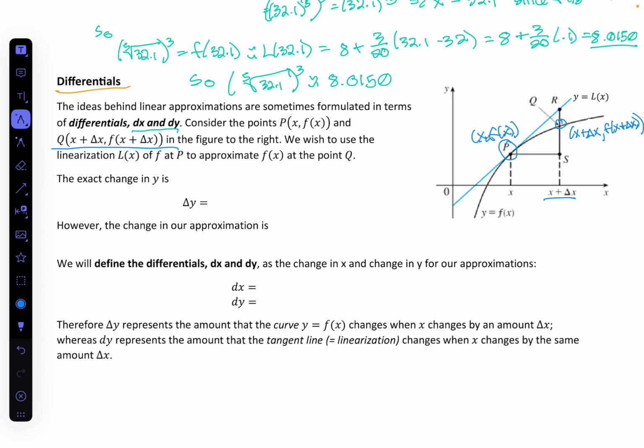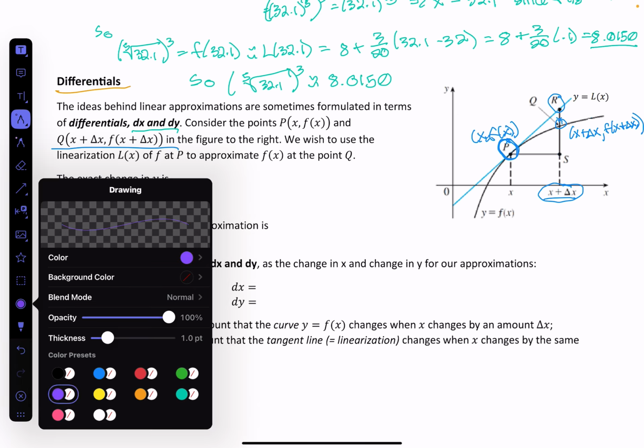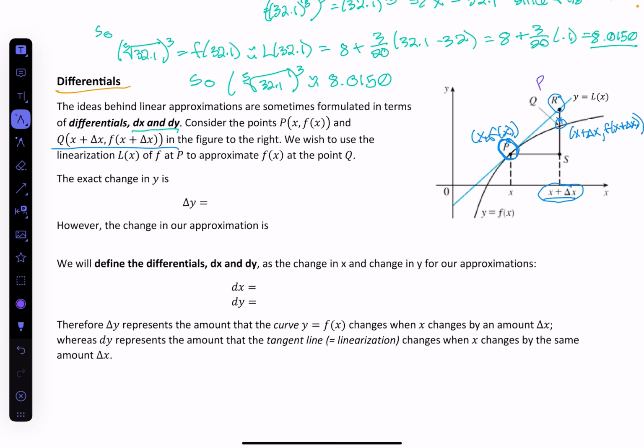Now we wish to use the linearization, which is that blue curve, of f at the point P. So it's generated here at the point P to approximate f of x at the point Q. So notice that if we were to substitute this x plus delta x value into our linearization, we would actually get to the point R, not Q. So essentially what we're doing here is we are saying that the point R is approximately equal to the point Q. R is the point that we get from our linearization, Q is the point that's on our function.